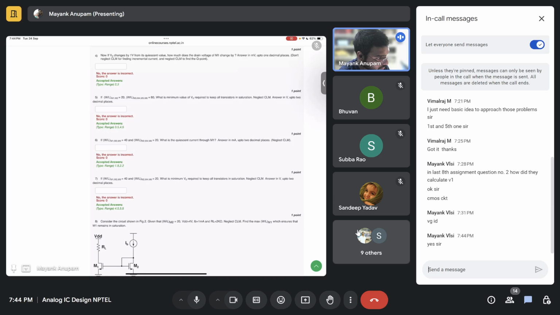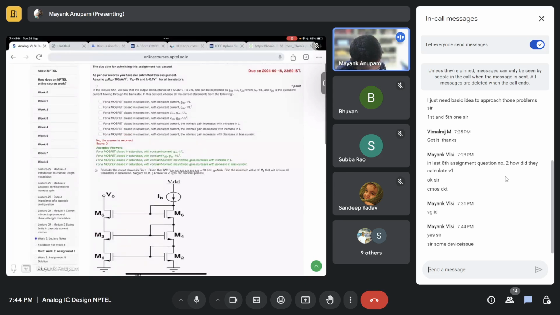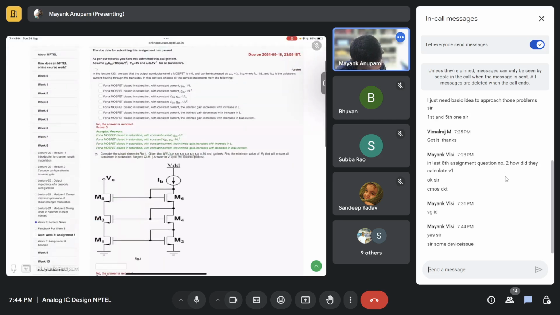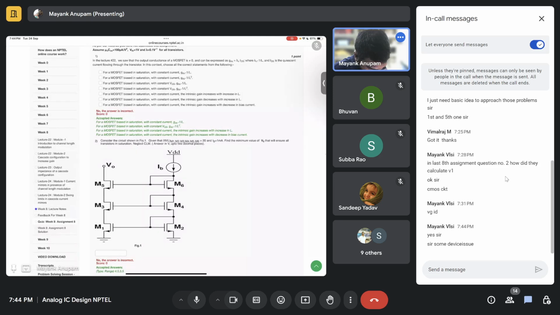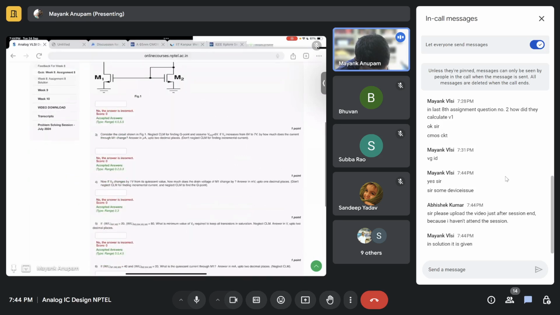Okay, you have already asked. Assignment 8, question number 2: how did they calculate V1? What is V1? I don't see any V1 here.